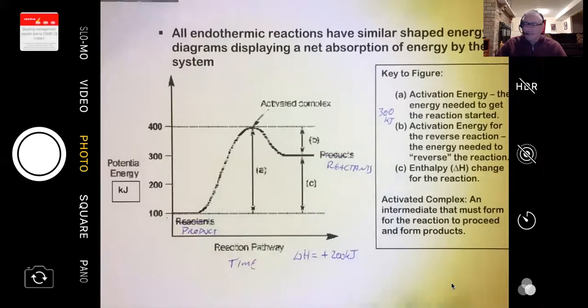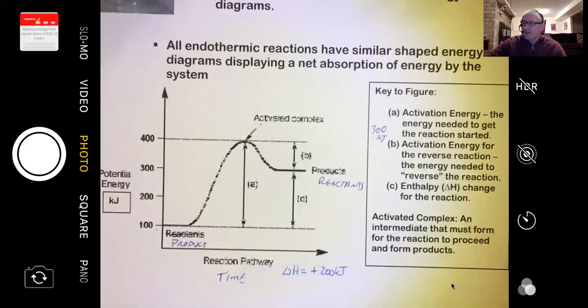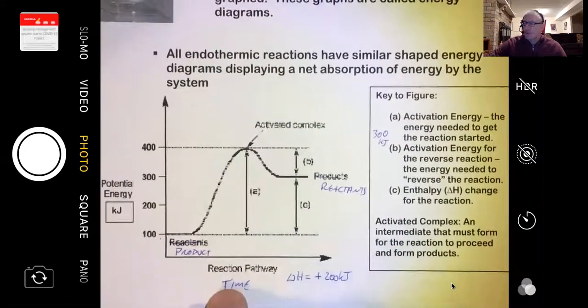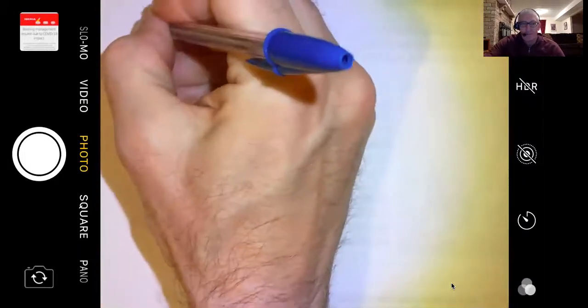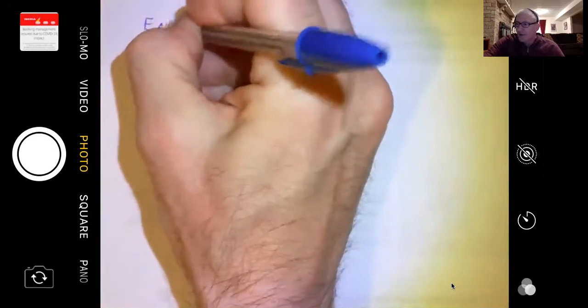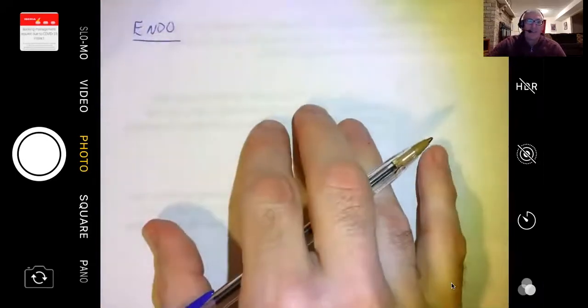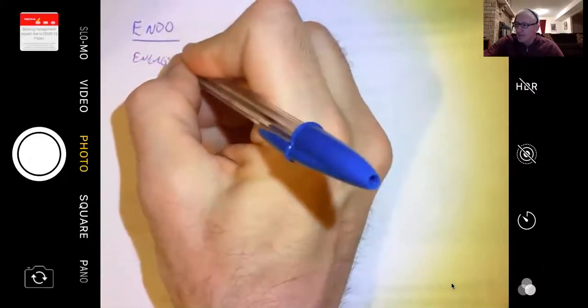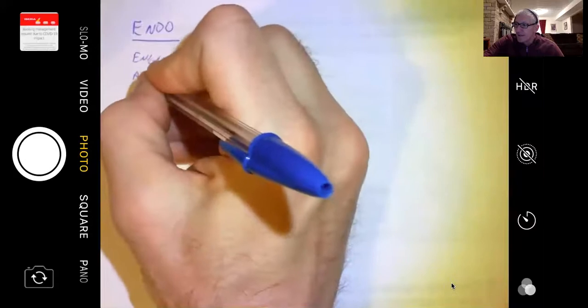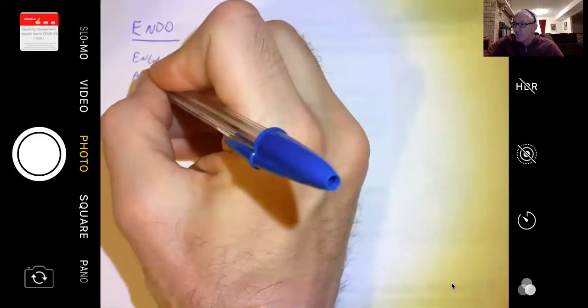Guys, that is the essence of what I wanted to get to you all about different types of reaction, whether they be exothermic or endothermic. So in summary, for endothermic, just remember that the energy term, energy is a reactant.